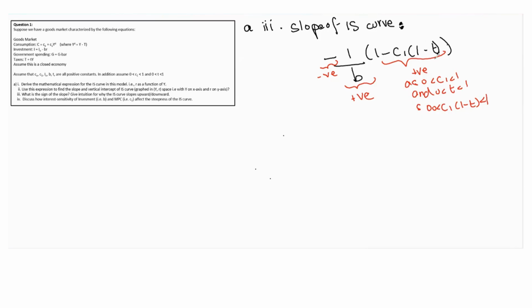When you do 1 minus T, that's a fraction. So when you multiply two fractions, C1 times 1 minus T, we get another fraction. And when we subtract that from 1, we get a positive number. So this is negative, this is positive, this is positive. So overall, this slope is less than 0, which means the IS curve is downward sloping.